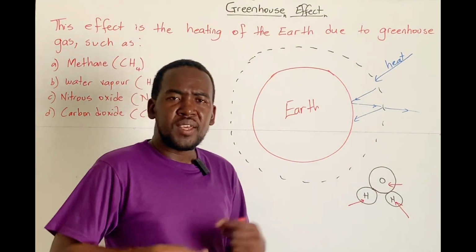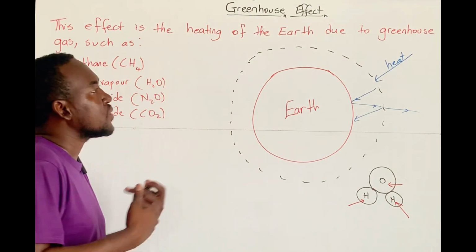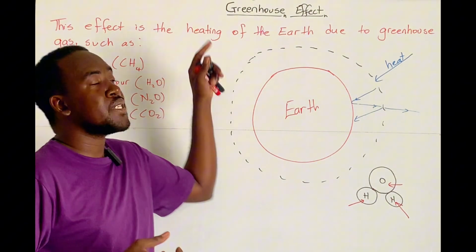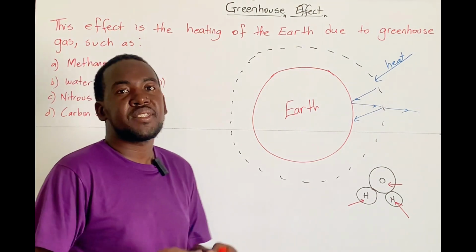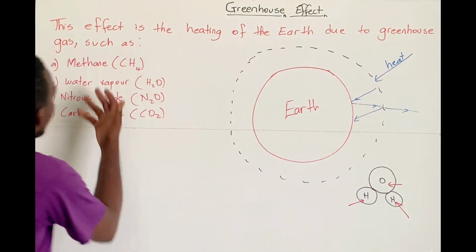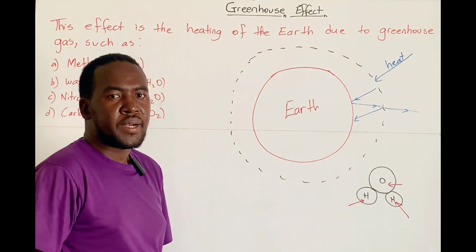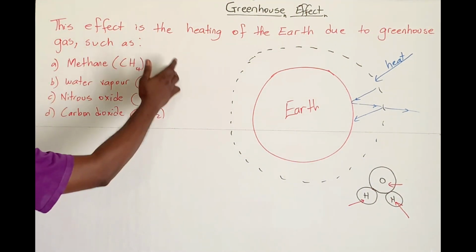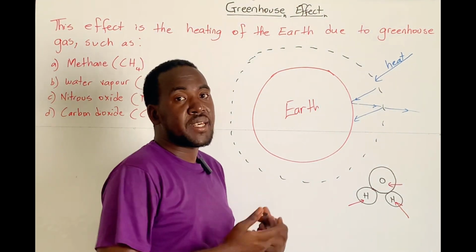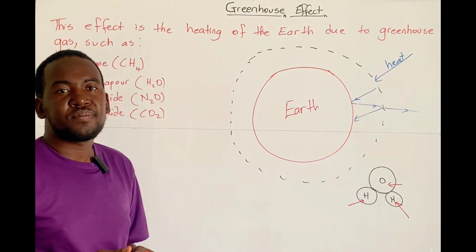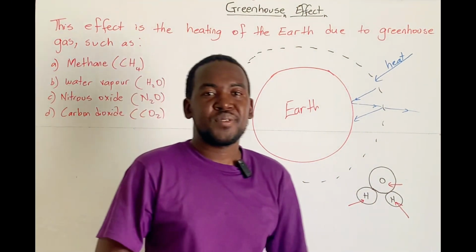This behavior causes the earth to have an extra heating effect, and the earth becomes hotter than it normally would if we didn't have these gases. So the presence of these gases increases the amount of heat that earth gets from the sun. And that's the principle of the greenhouse effect.